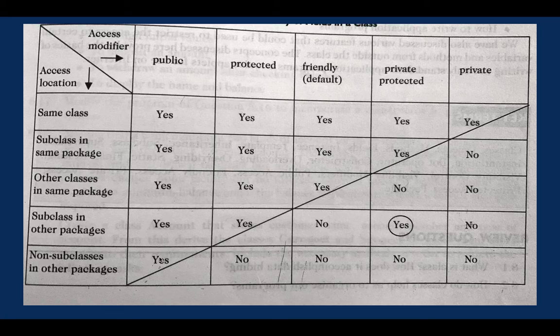It's not a subclass and not even belonging to the same package. It is still accessible. So as you can see, public has the widest access. It can be accessed anywhere in the program, in the package, or in any other package.